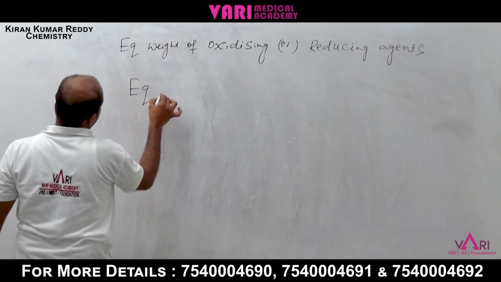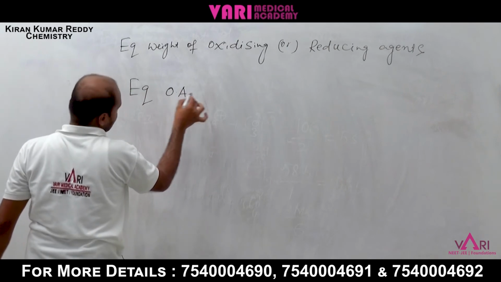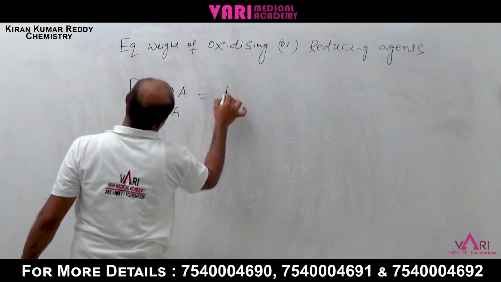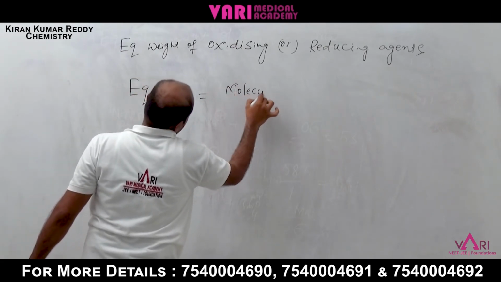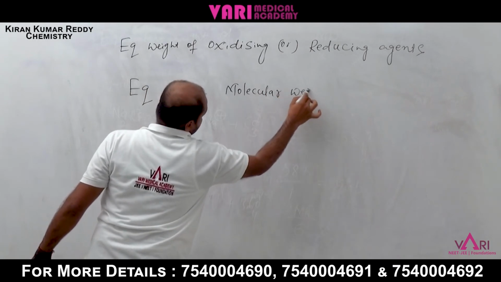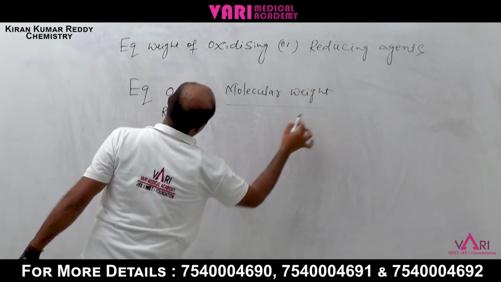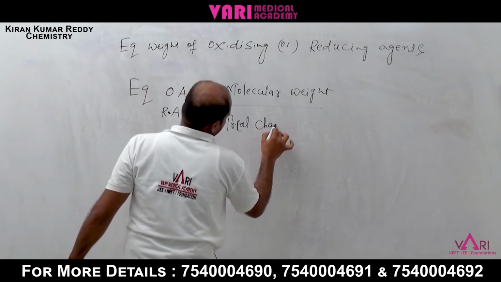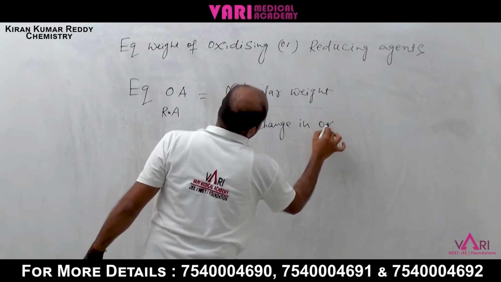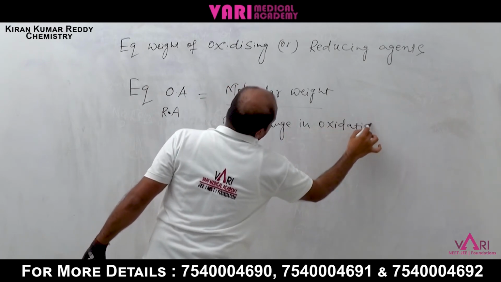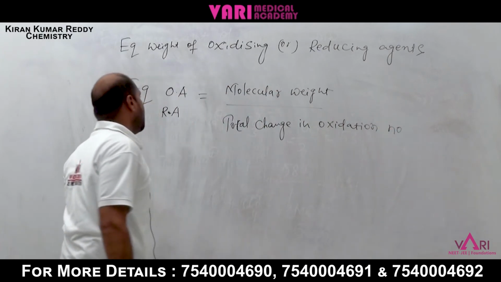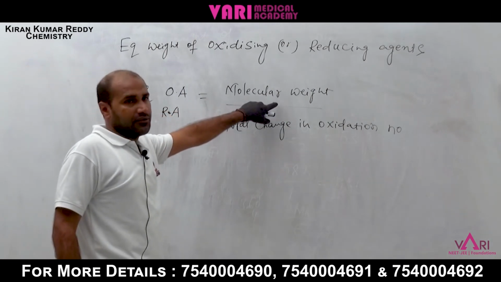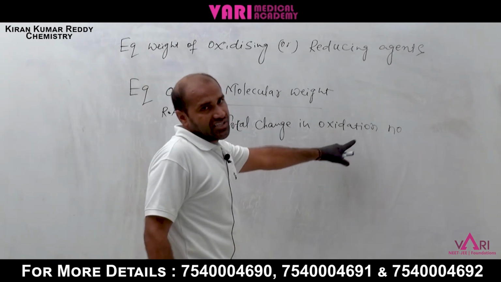Equivalent weight of an oxidizing agent (OA) or reducing agent (RA) is equal to molecular weight by total change in oxidation number. That is called the equivalent weight of an oxidizing agent and reducing agent: molecular weight by total change in oxidation number.